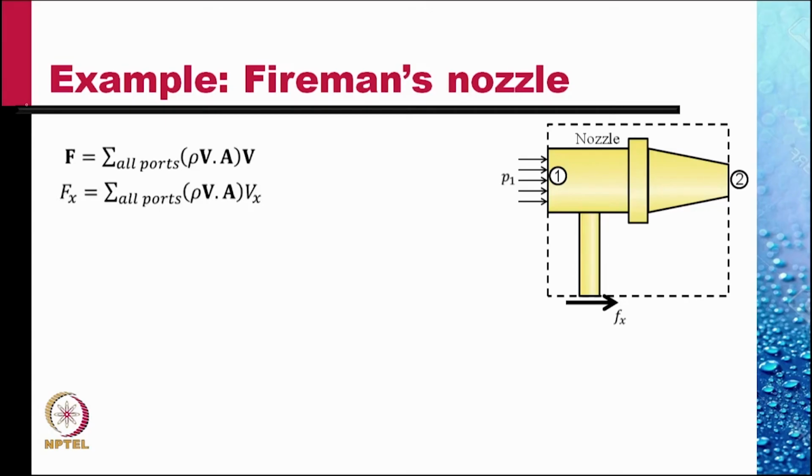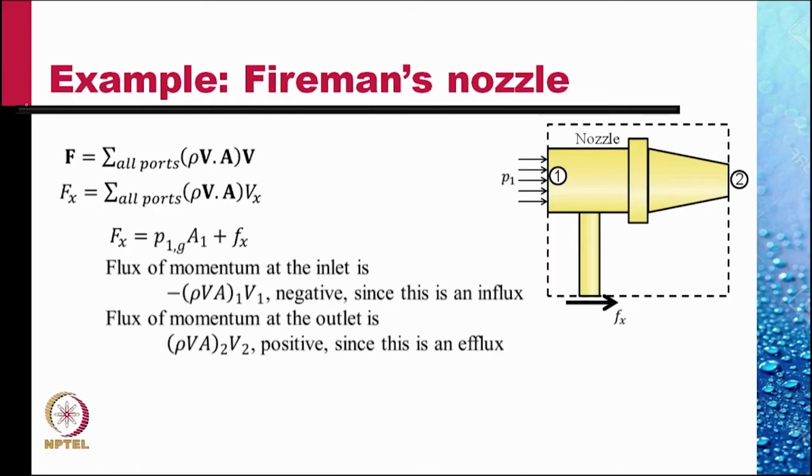in the x direction would be as follows. The total external force would be the total net efflux of x momentum, because this is steady flow, so there is no rate of accumulation. The total external force is P1 gauge times A1, the area at 1, and Fx, both positive.